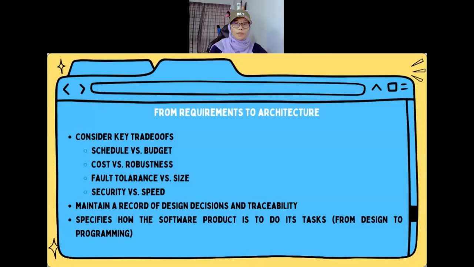Consider the key trade-offs, which are schedule versus budget, cost versus robustness, fault tolerance versus size, security versus speed.